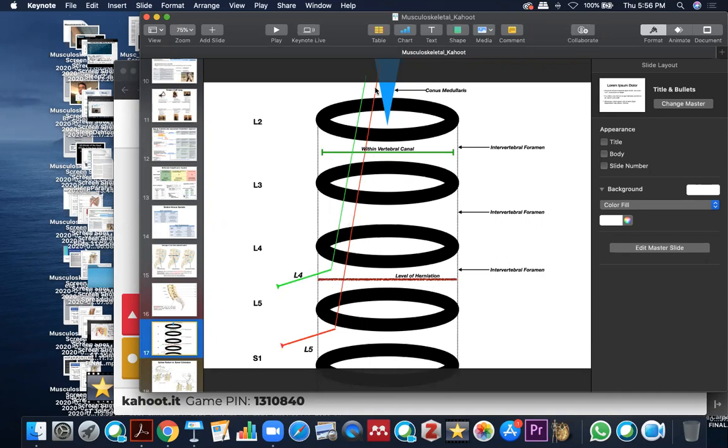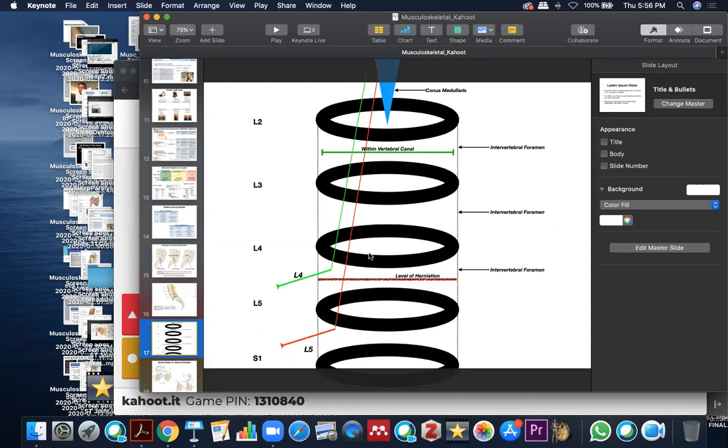But if you look at L5, it is going to exit below the L5 vertebra in this foramen, L5-S1. And as it's exiting down here, it's clearly already crossed where the herniation occurs. So the herniation is going to be able to affect the nerve that exits at the level below where the actual herniation is.